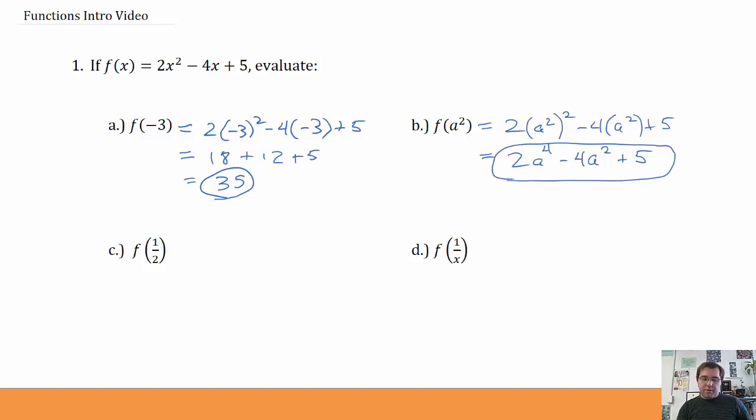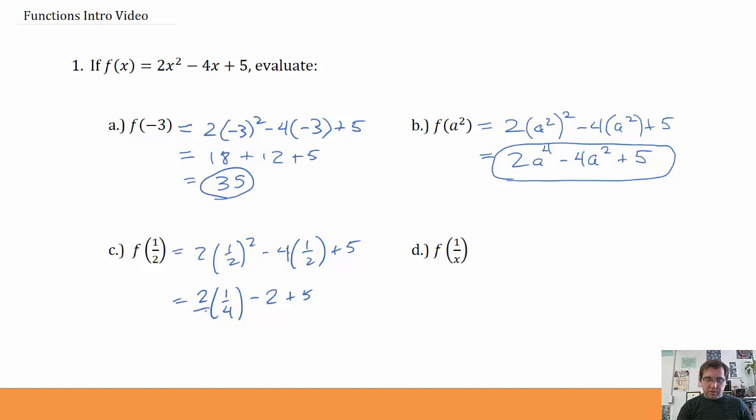What about f of 1/2? Well, that means I'm going to take 1/2 and plug it in for all the x's. So I'm going to square 1/2. And when I square a fraction, I square the top and the bottom. So (1/2) squared is 1 squared over 2 squared. That's 1 over 4. So I've got 2 times 1 over 4. What is 4 times 1/2? 2. What's 2 times 1/4?